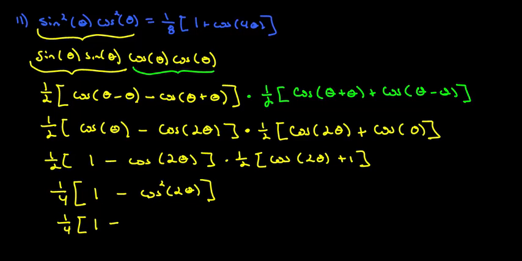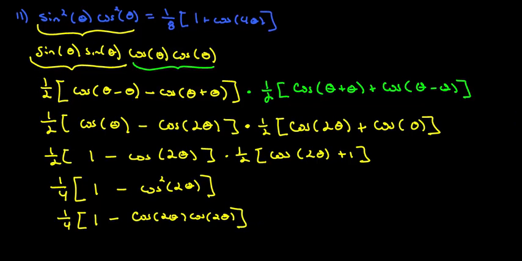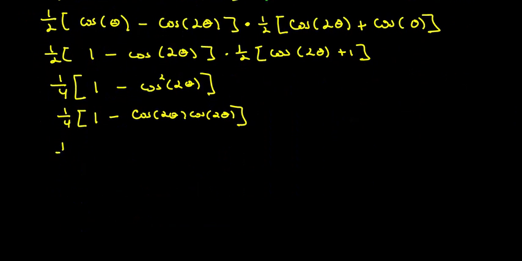Now let's see here. Cosine squared 2 theta is cosine 2 theta times cosine 2 theta. I'm going to run out of room here, so let's scroll down. So this is 1/4 times 1 minus.